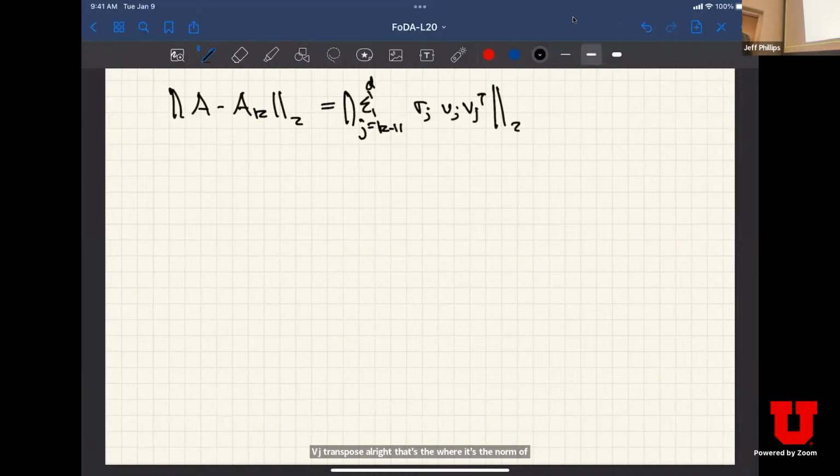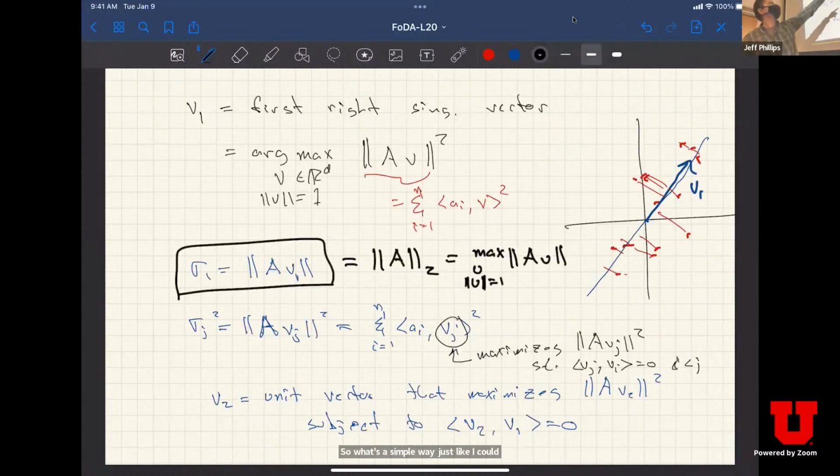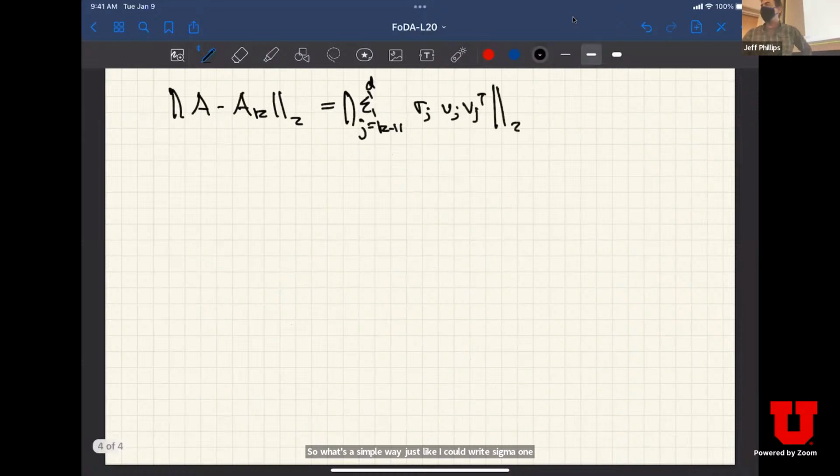Just like I could write sigma 1 as the spectral norm of A, if I look at the spectral norm of A minus AK, is there a simple way of writing this? Is it the sum of the sigmas? No, that's going to come soon. That's the answer to a question I'm going to ask you next. But yes, sigma K plus 1. That's right.